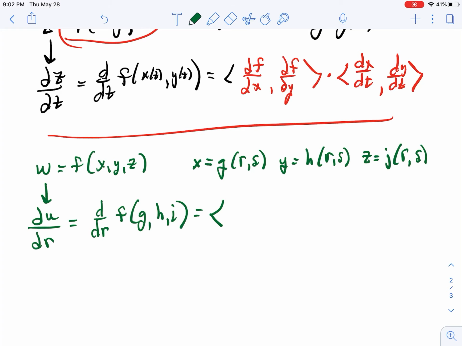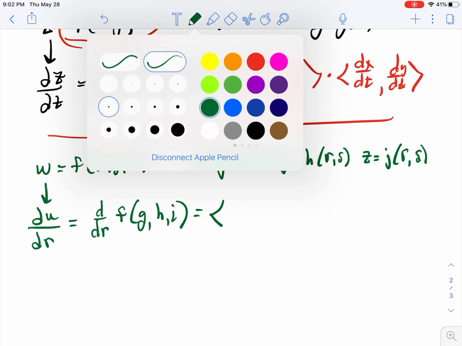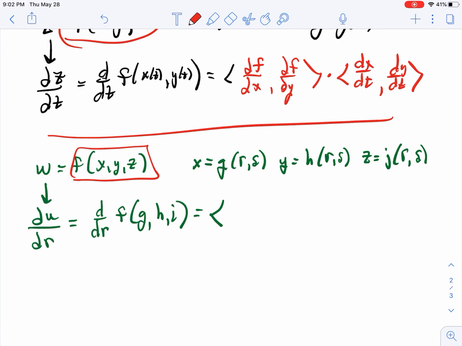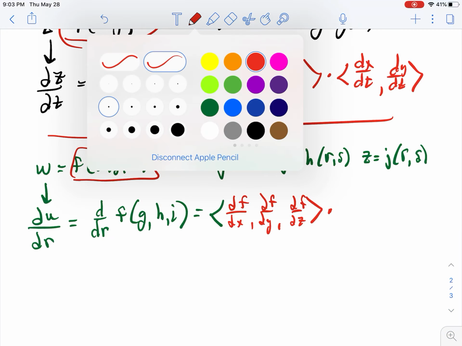So what would that look like in terms of my dot product? Well, again, you have to take the function, this piece here, and that'd be partial df according to first x, and then the partial of f according to y, and then partial of f according to z.